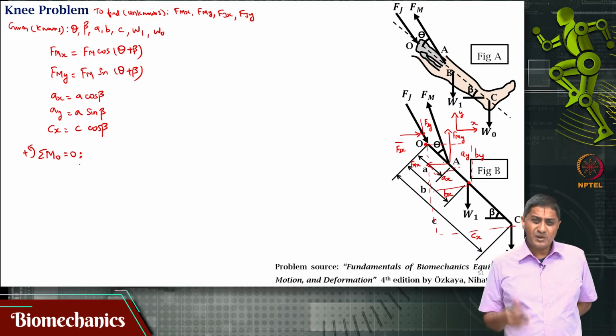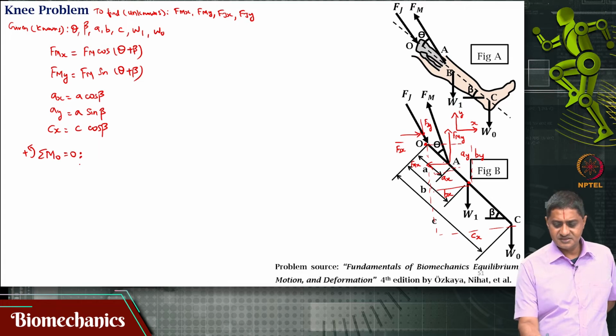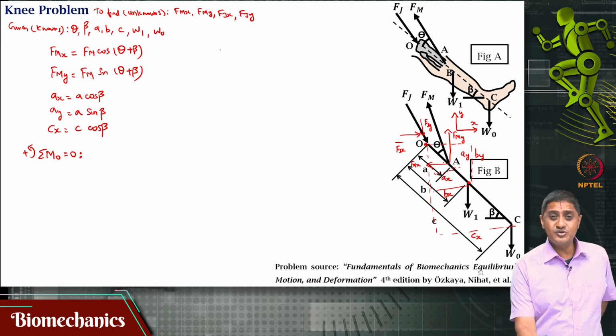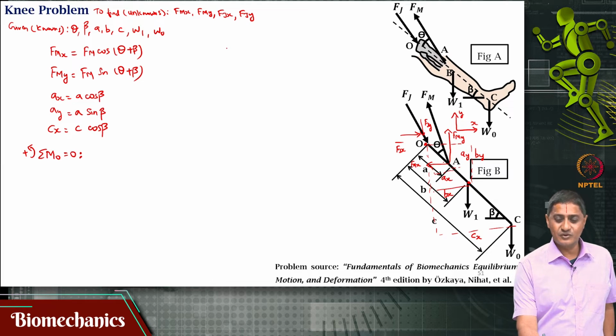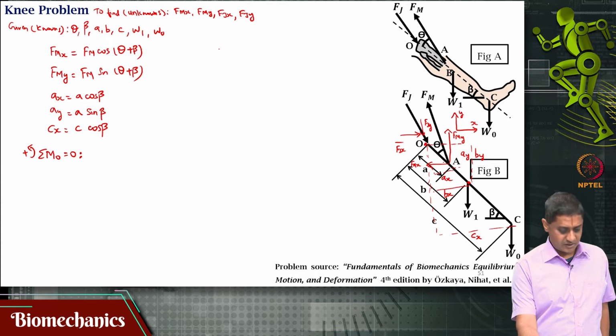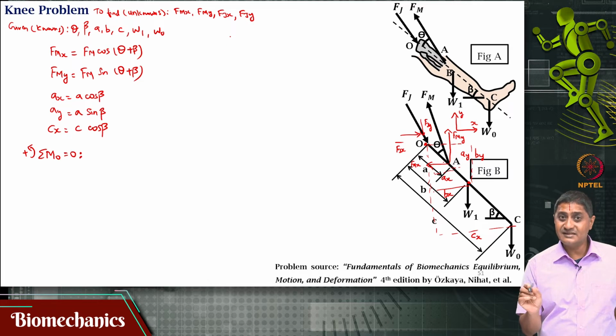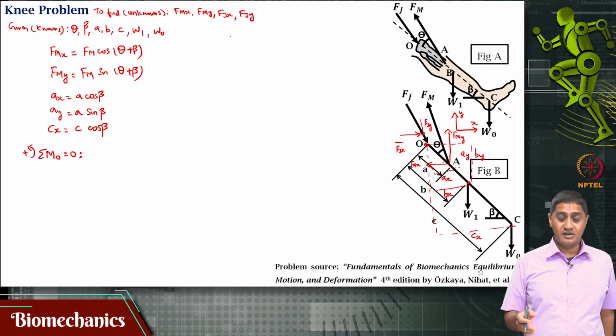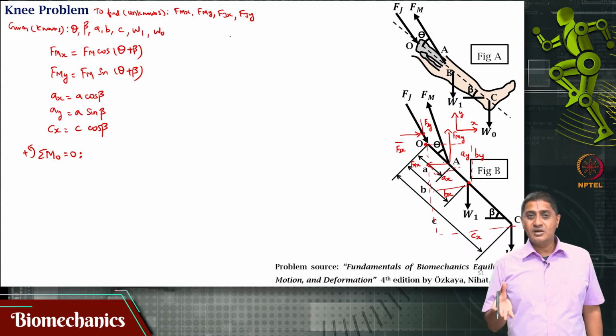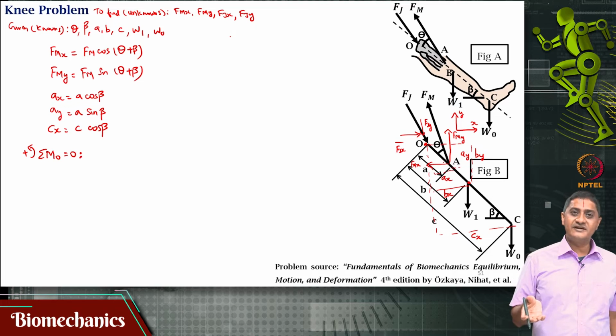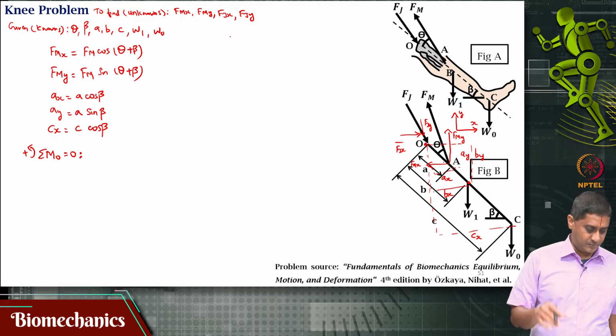Okay. But before we do that, let us write out the individual forces, their moment arms and the sense of the rotation. What are the forces that can cause a moment about O, not necessarily acting at O? What are the forces that have a tendency to cause a moment about O?